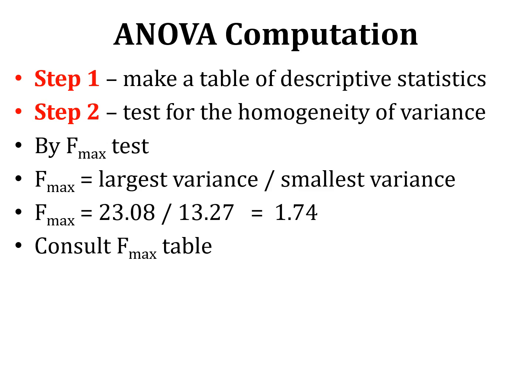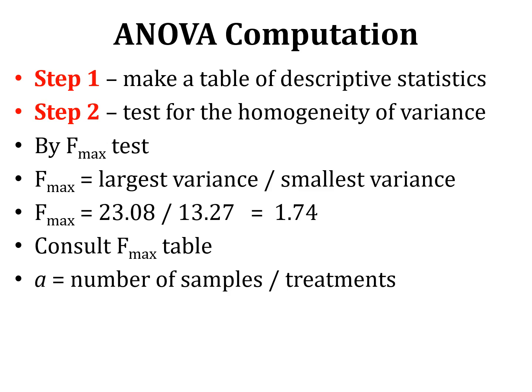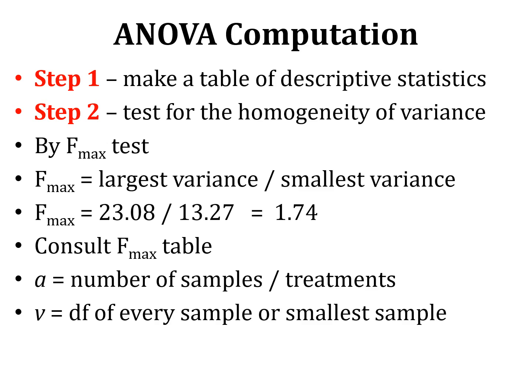So let's see whether this ratio is significant or not, and for that purpose we need the A value, which is the number of samples or treatments, which in this case is 3, and the degree of freedom of every sample or the smallest sample. So in this case we have different sample sizes, so the degree of freedom that we are going to choose for the Fmax test is the degree of freedom of the smallest sample, and the smallest sample is 44, right?